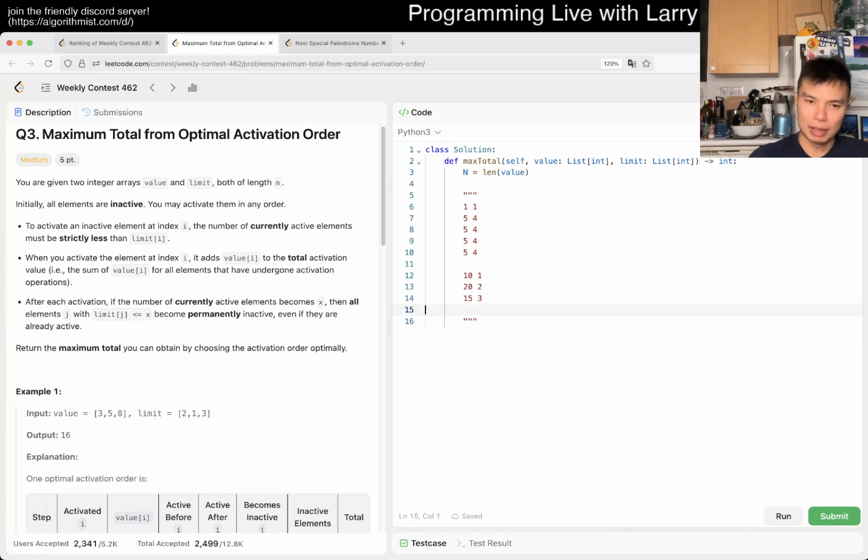So then you sort by the limit, and then you just do it. Because then at the time you're at 2. Okay, so the reason is because when the limit is 2, you can only do.